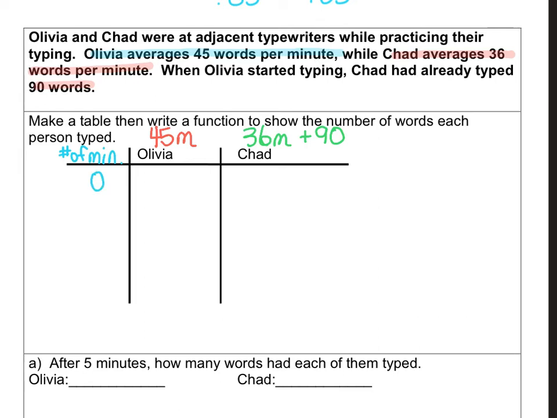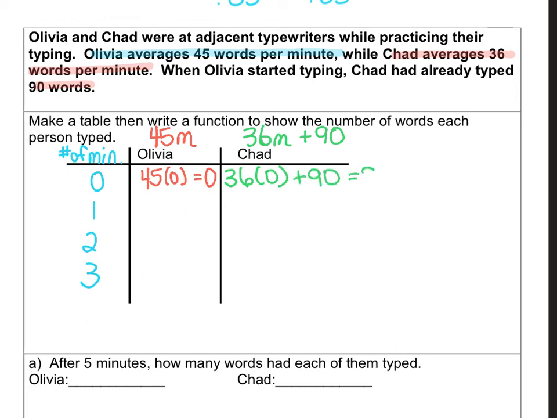So let's plug in 0, 1, 2, 3. So at 0 minutes, Olivia has typed 0 words. But that 0 minutes is when Olivia started.